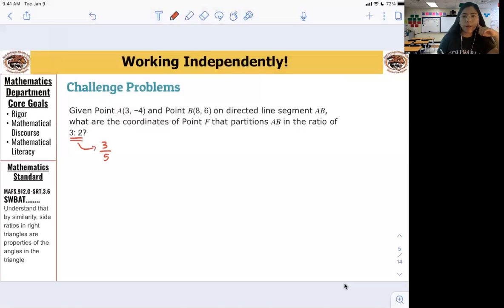Where do we get 5 from? Adding both of them together. Okay, so that's our ratio. Now what do I do? So I got the ratio. Now what do I have to do? y2 minus y1. What's that called again?